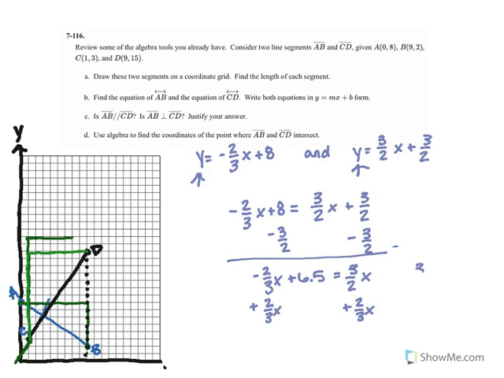Okay, and this is going to get kind of messy. So we're going to have 3/2 plus 2/3. And we need common denominators. So we're going to have to make these common denominators 6. To get the 2 to be 6, we need to multiply by 3, so we're going to multiply by 3 on the top also to get 9.